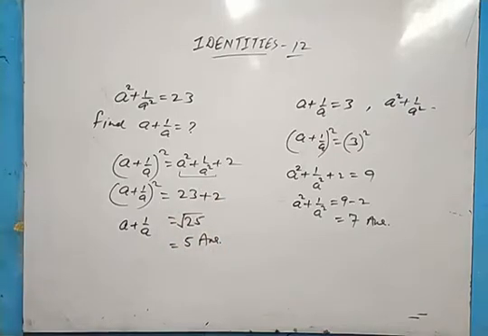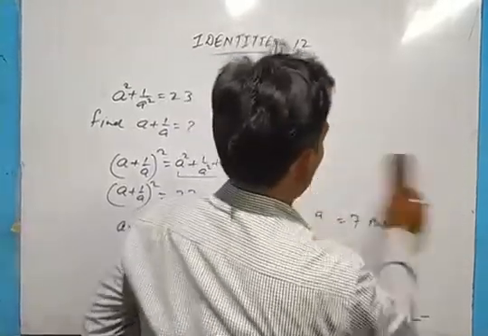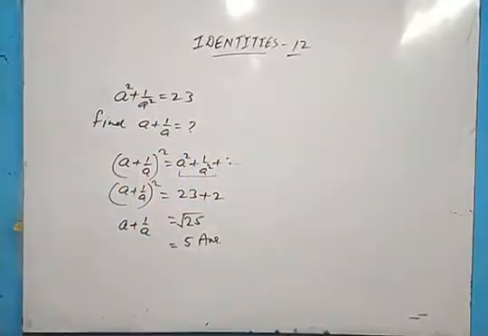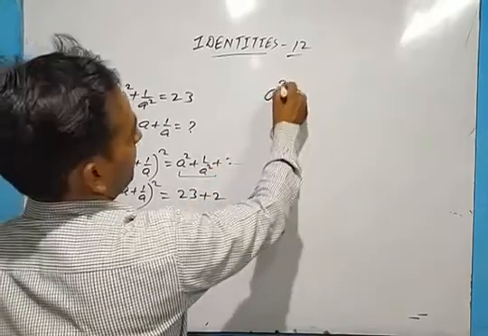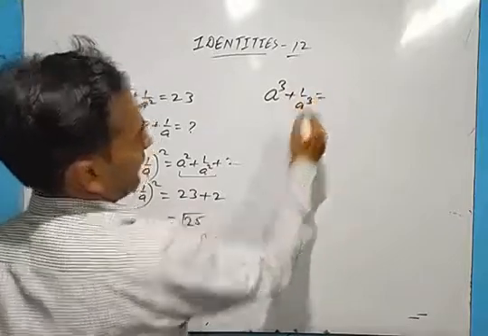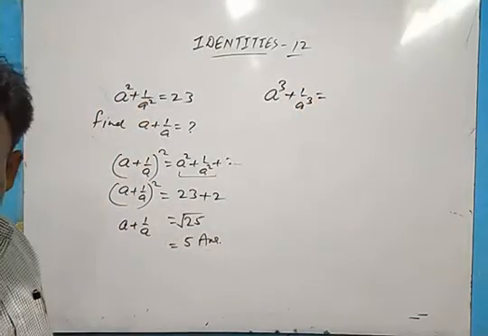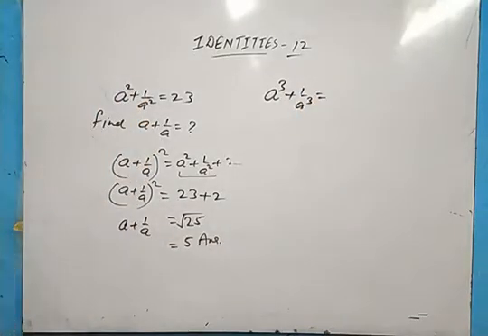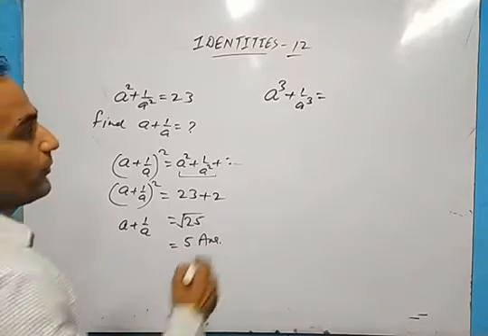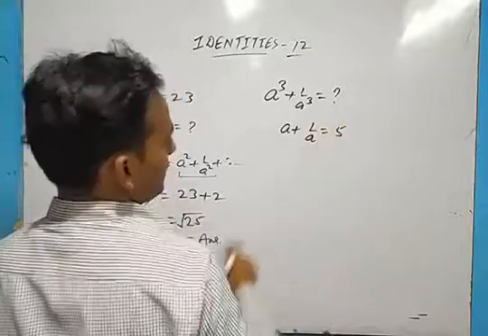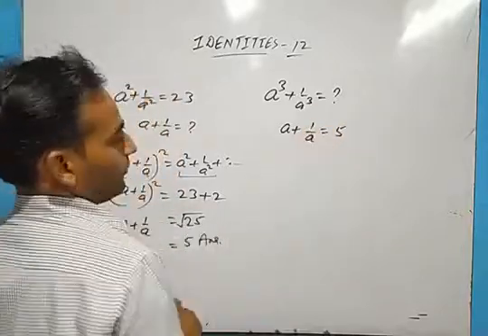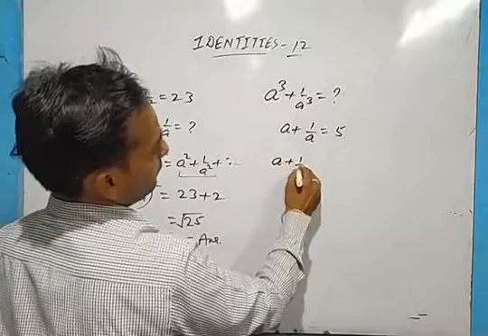Okay, now one more important question we will take. We have to find the value of a cube plus 1/a cube. The value is given a + 1/a is equal to 5. Now, (a + 1/a) whole cube is equal to 5 cube, cubing both the sides.